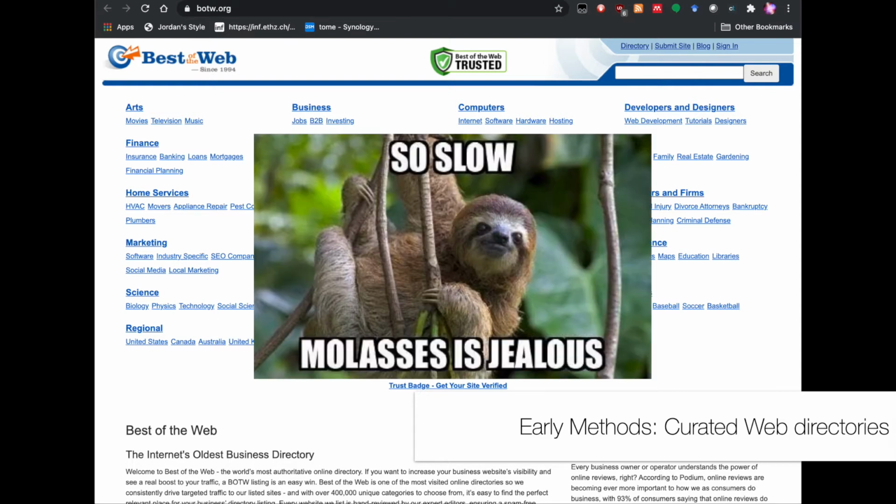But the issue with building web directories through manual curation is that it's very slow and time intensive, given the number of new websites added to the web daily. This is pretty much intractable, and really doesn't work well for the international or transnational internet we now have, where we have to deal with websites in many different languages.